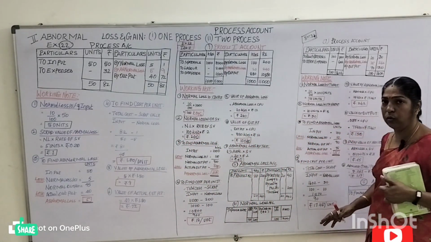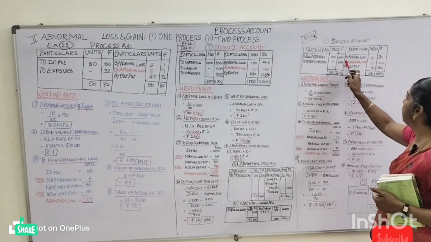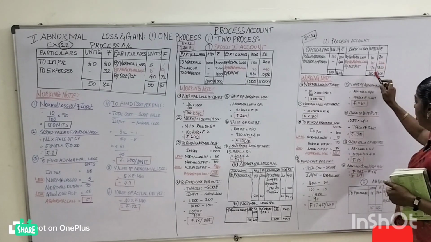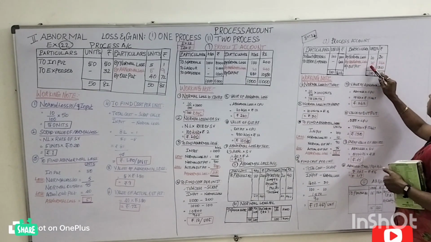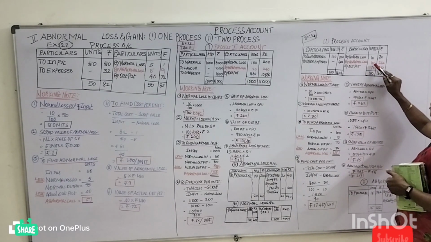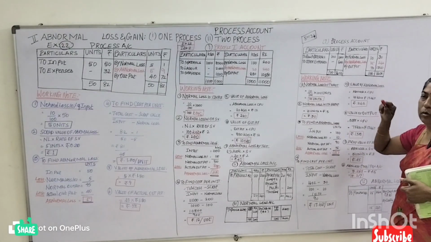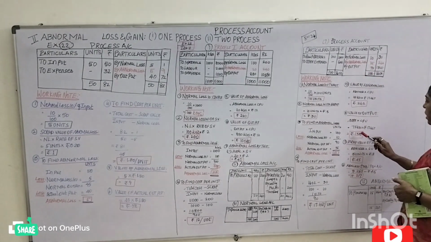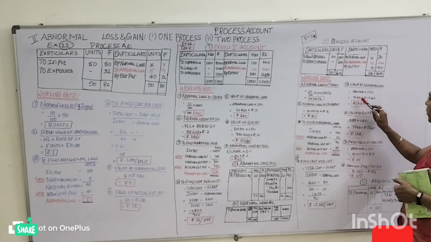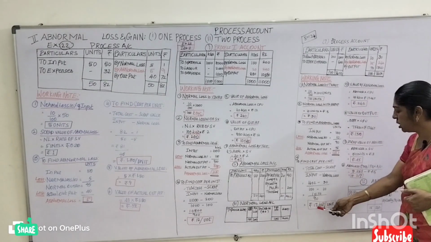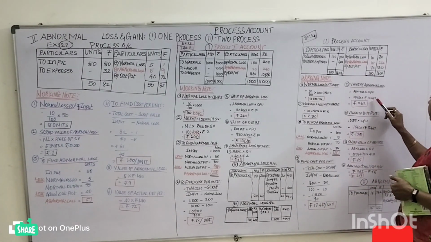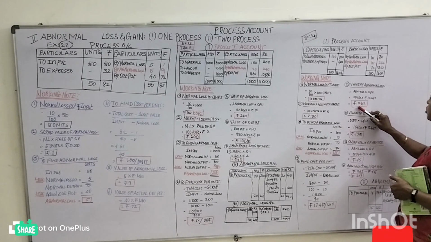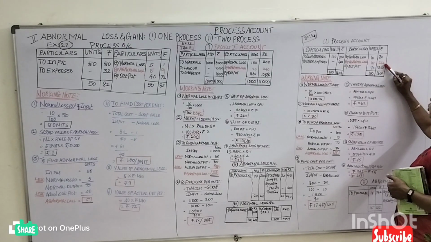Then we find the value of abnormal loss. How many units of abnormal loss did we find? 15 units. 15 units into the cost per unit we got, 17.467. After multiplying you get 262 rupees.